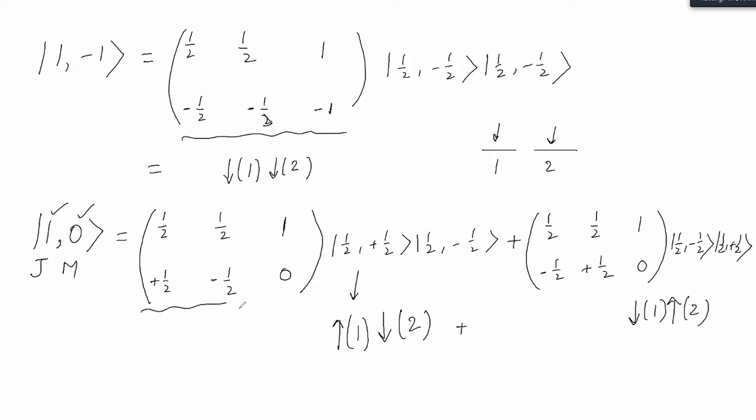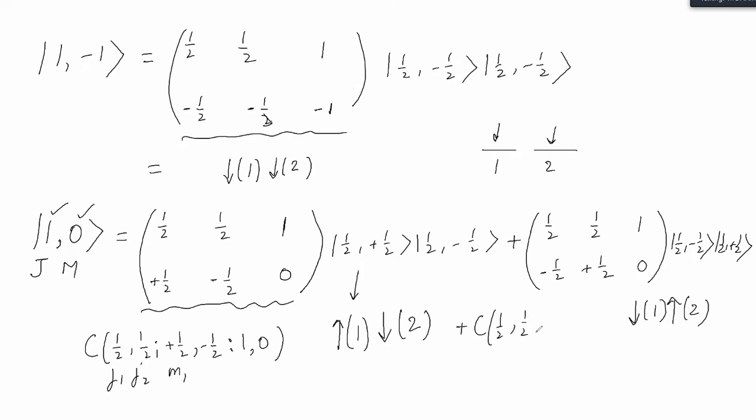Now, the Clebsch-Gordan coefficient that we will write is half J1, J2, M1 is plus half, M2 is minus half, and J is 1, M is 0. Here, half, half, minus half, plus half, 1, 0. What is the difference? Here first we have M1 as plus half and M2 as minus half.